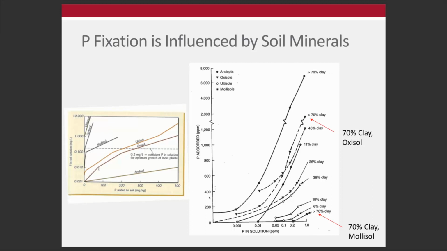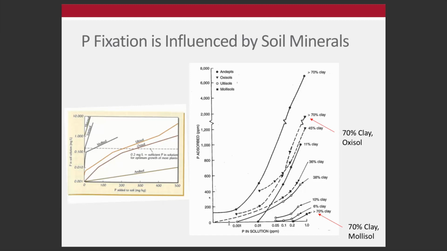When we add P to these older, more weathered soils, availability is less than in some of these younger soils or soils with high organic matter.